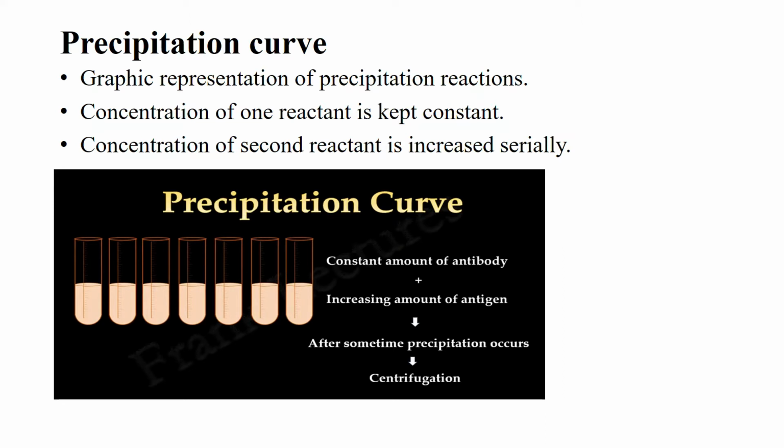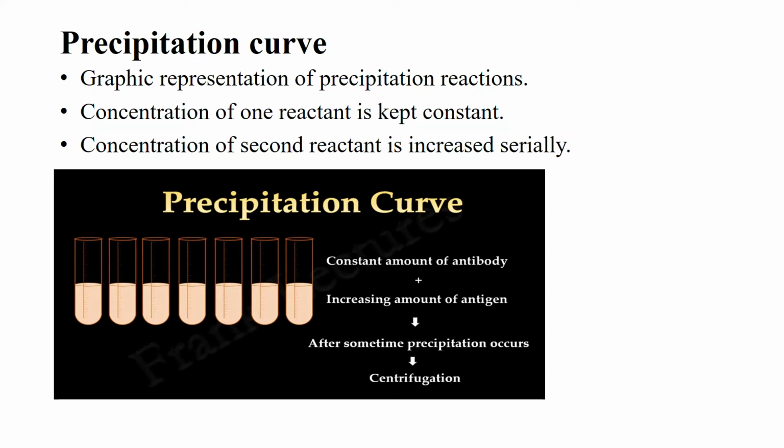Now let us understand the precipitation curve. The precipitation curve is a graphical representation of the precipitation reaction. In this reaction, the concentration of one reactant is kept constant and the concentration of the second reactant is increased serially. Let us say that we have a series of test samples in test tubes that contain a constant amount of antibodies.